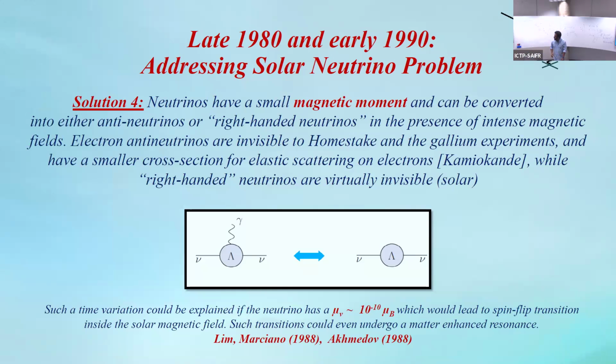Then some people proposed what is considered to be the second best solution, even the best solution during those days, until the Snow-Cumberland result. If you see the Homestake mine experiment result, the Ray Davis experiment, there was some time anti-correlation with sunspot activity in the chlorine experiment. And then people proposed that maybe the neutrino has some magnetic moment, because if you have a massive particle, it leads to some non-zero magnetic moment, and the sun has a magnetic field.